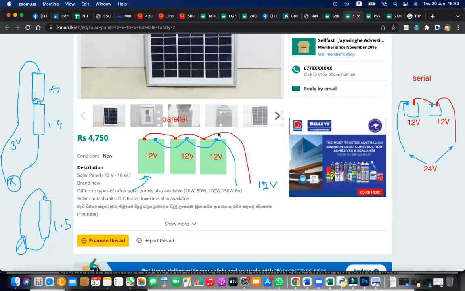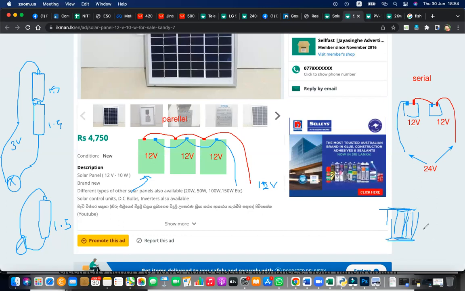I'm not sure whether you have heard of ampere and voltage. Amperage, son, is like the amount of water flowing in a river at a given time.